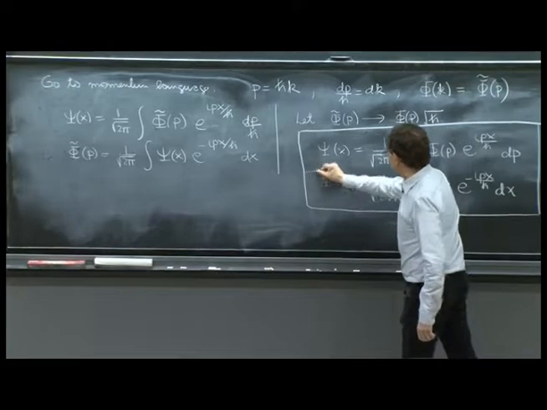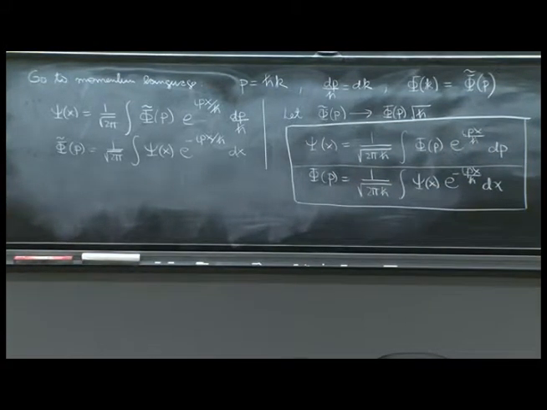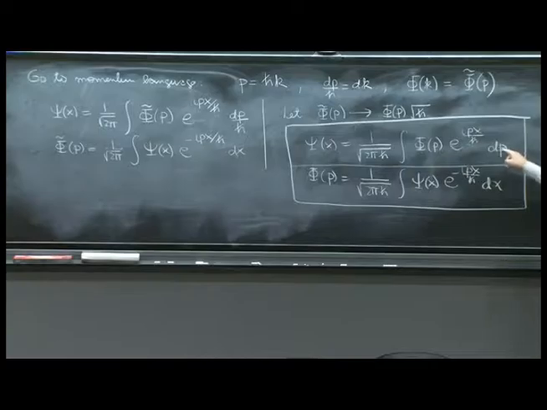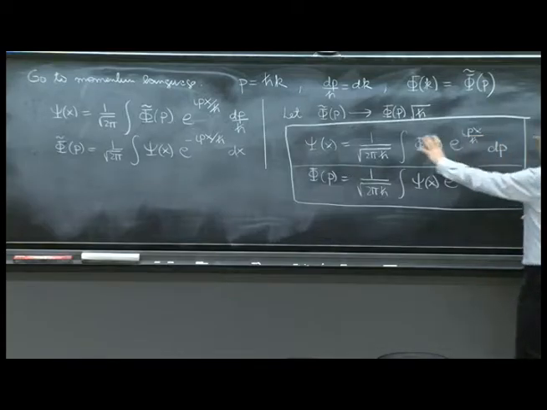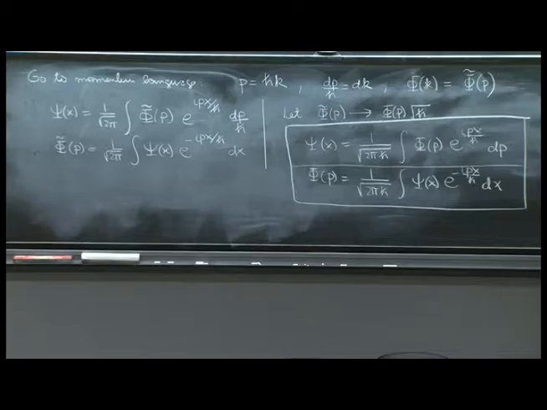So this is Fourier's theorem in momentum notation, in which you're really summing over momenta, and you put all these h bars in the right place, and we've put them symmetrically. You could do otherwise, it's a choice.